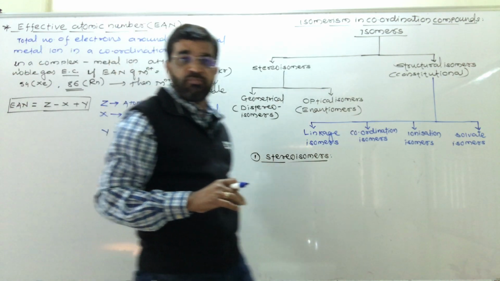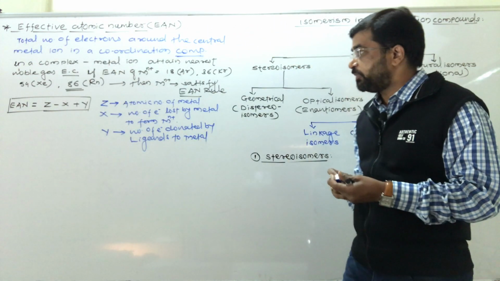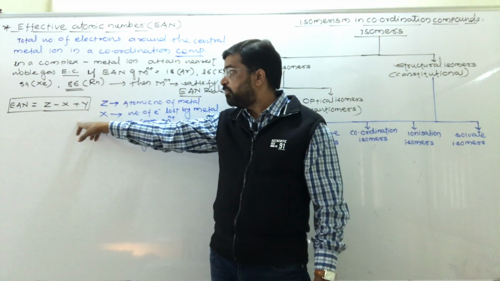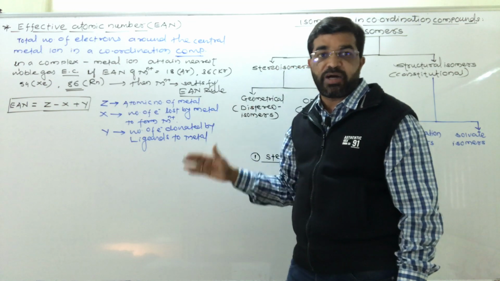So that is the effective atomic number formula: Z minus X plus Y.